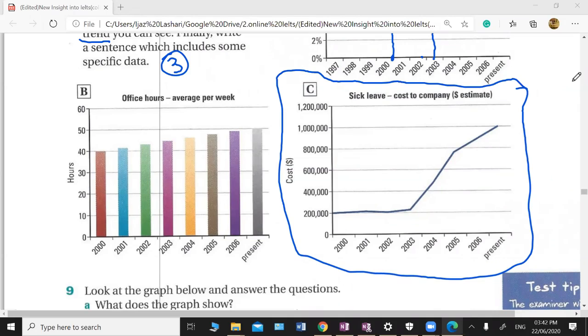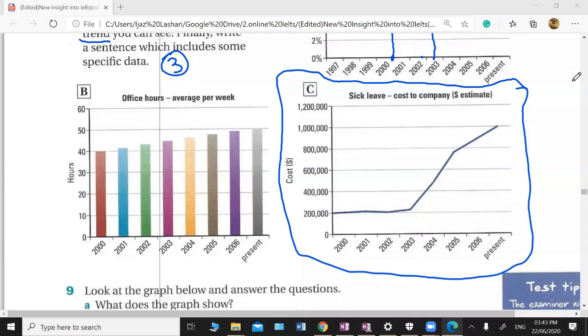So now, your first sentence was about what this line graph is about, right? It's about the cost of sick leave that a company suffered or faced. Then you explain from what period to what period the information is given, and from what cost it started to what cost it ended.